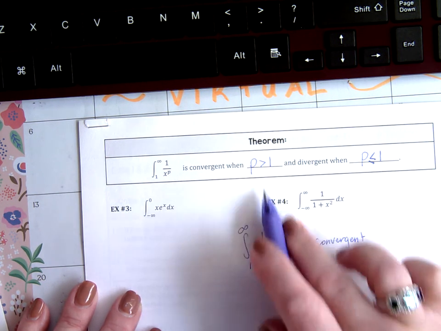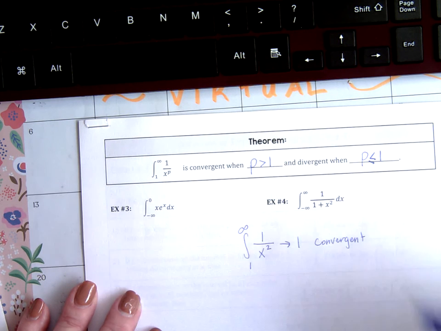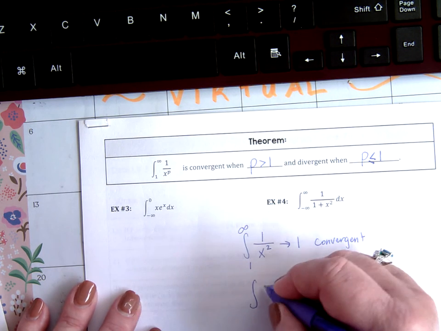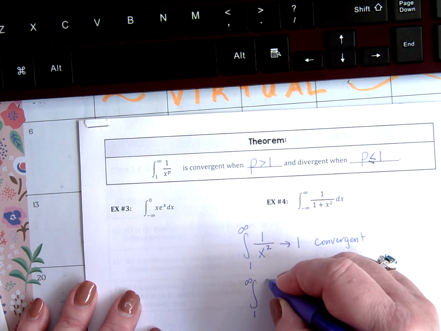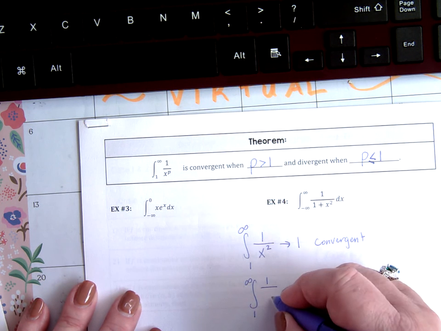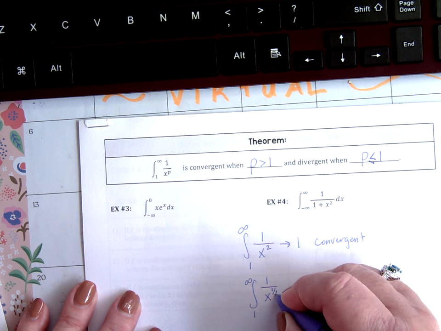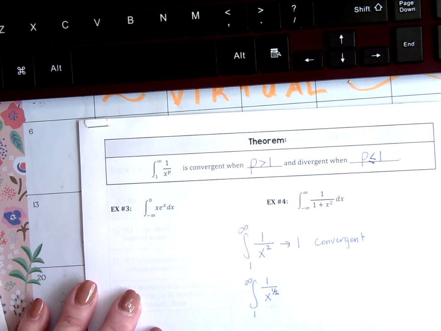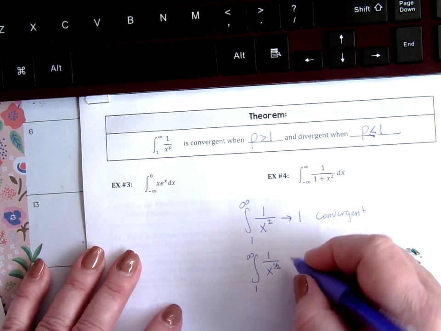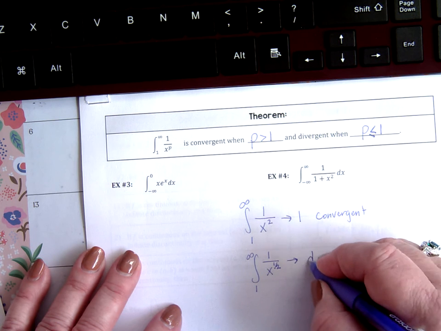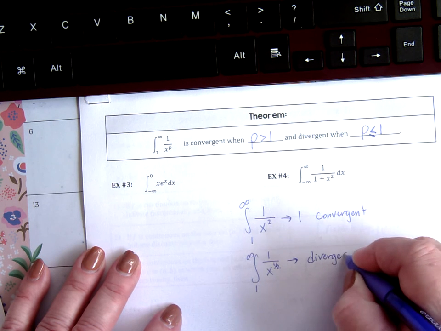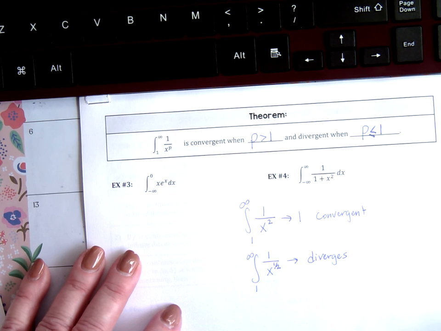But if your p-value is less than or equal to 1, let's say x to the 1/2, that's an example that diverges.